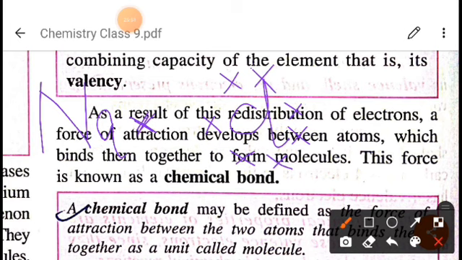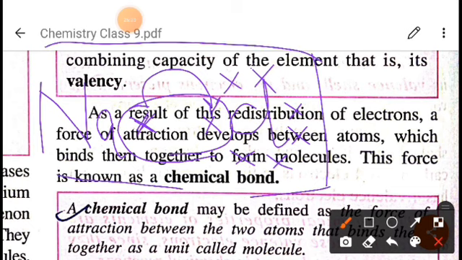So what will happen? This sodium will give one electron to this chlorine. When it gives one electron to chlorine, a force of attraction develops between the two, and these two atoms will combine together.